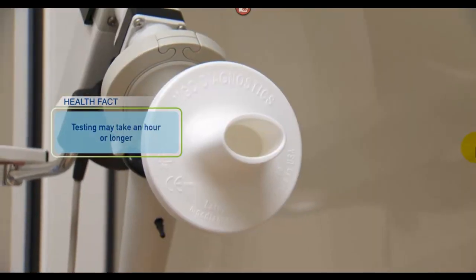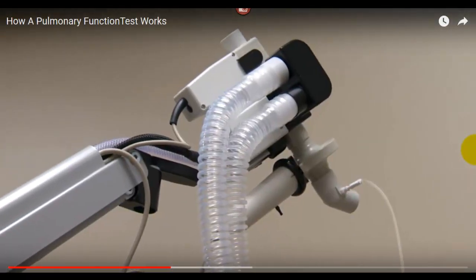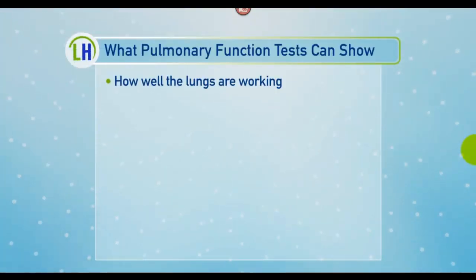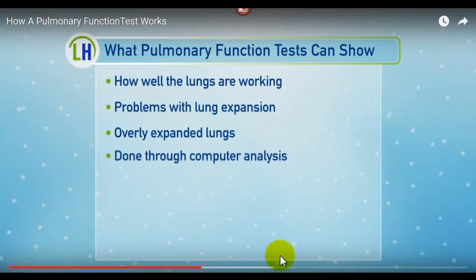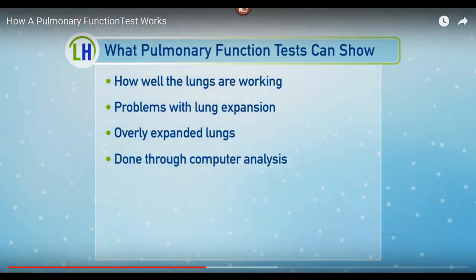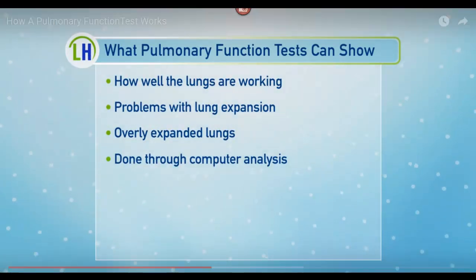There's the actual mouthpiece, and she wears a clothespin on her nose to make sure all the air is going through her mouth. And the respiratory therapist will actually be giving her instructions, breathe in, breathe out, that kind of thing.